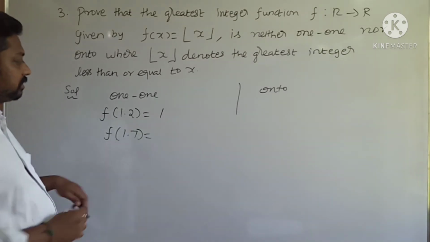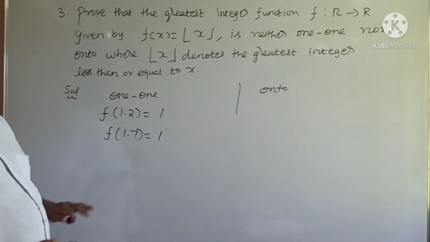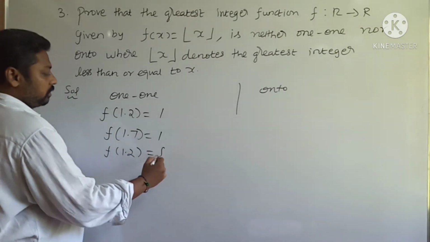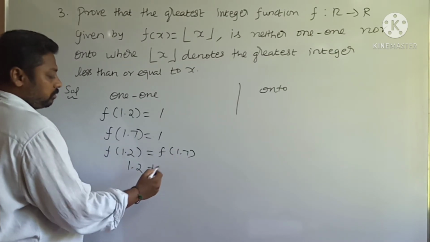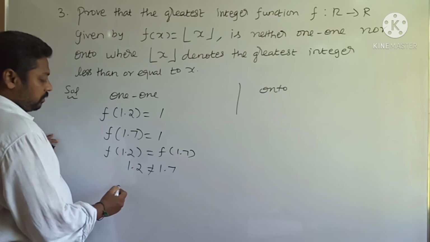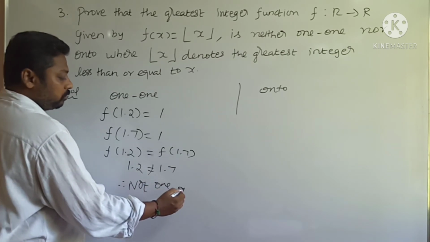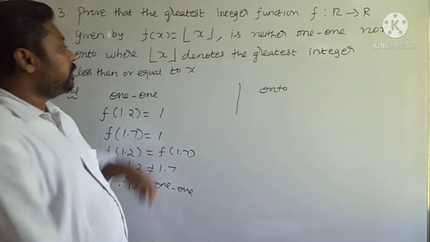We take 1.7. Again it will be less than or equal to x, so we got 1. So f(1.2) equals f(1.7), but 1.2 is not equal to 1.7, therefore it is not 1 to 1.